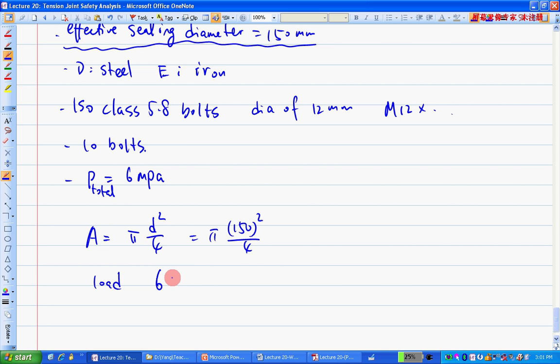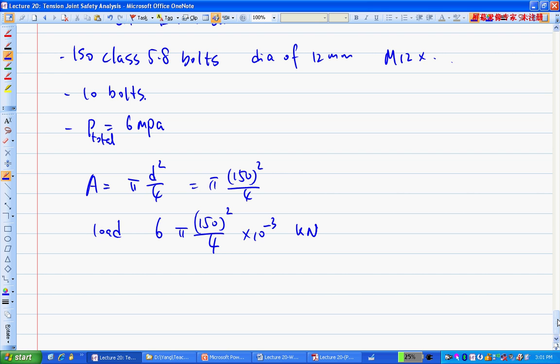The diameter is in millimeters and the megapascal is Newton per millimeter squared, so the millimeters cancel out. The unit coming out should be Newton. Then I multiply by 10 to the power -3 to change that to kilonewton. So that's the total external load.